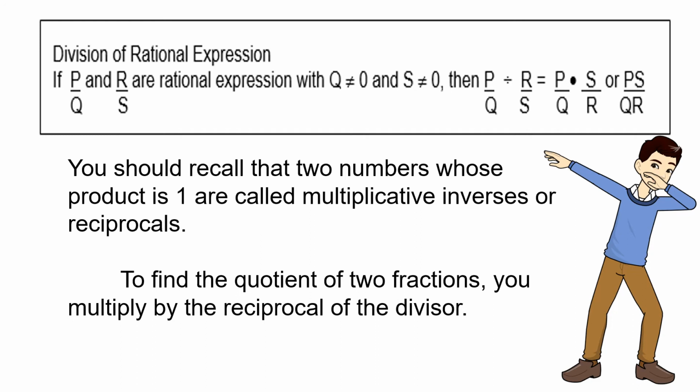So you should recall that two numbers whose product is 1 are called multiplicative inverses or reciprocal. To find the quotient of two fractions, you multiply by the reciprocal of the denominator. So yun, gagamitin natin yung rule.